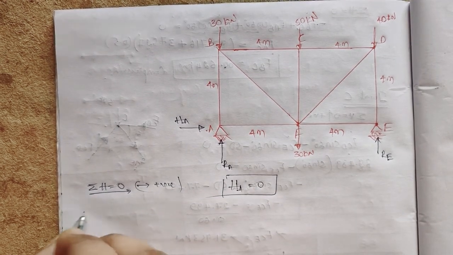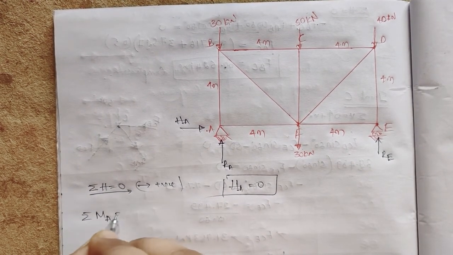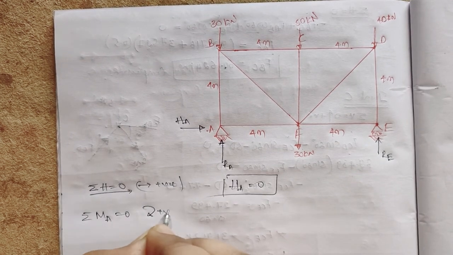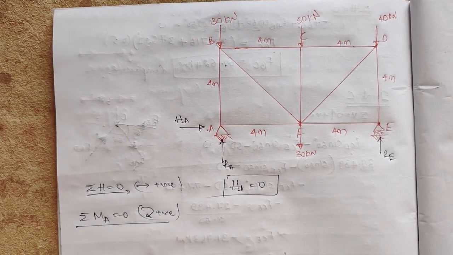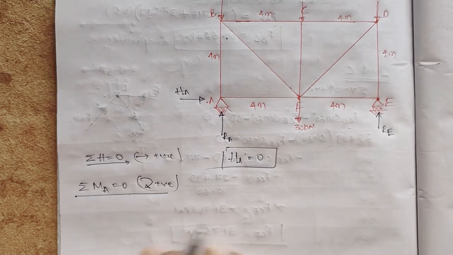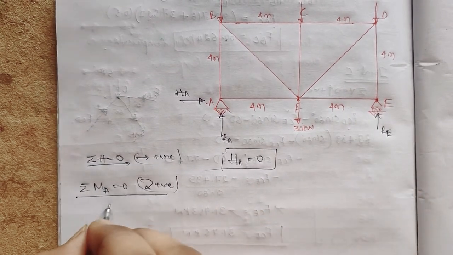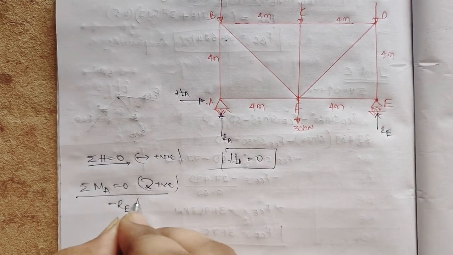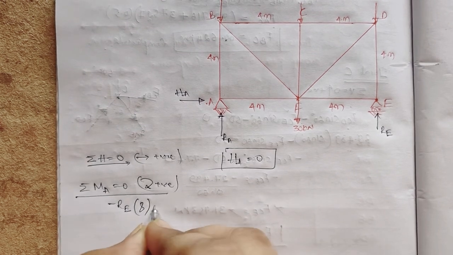Now summation of moment about A is equal to 0, taking clockwise as positive. RE will make the negative moment, so RE into 8 meter.